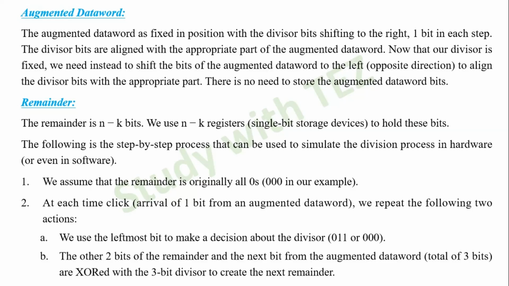Then after that is done, the same procedure is repeated depending on whether the data word bit is 011 or 00. The other two bits of the remainder and the next bit from the augmented data word, that is totally 3 bits, are taken. In the diagram, we were taking 4 bits, but this can be implemented with only 3 bits. Why? Because as I had said, if it is 11 or 00, both times the resultant is 0, and hence we are only concentrating on 3 bits.